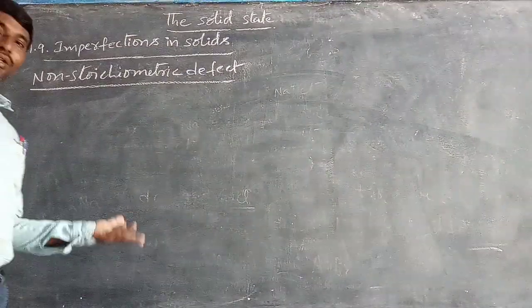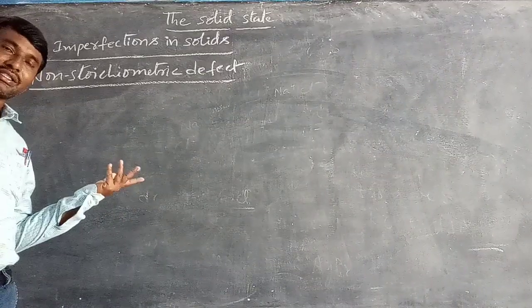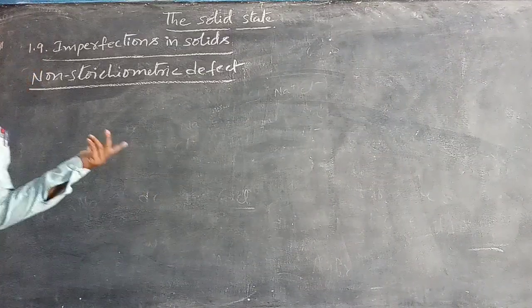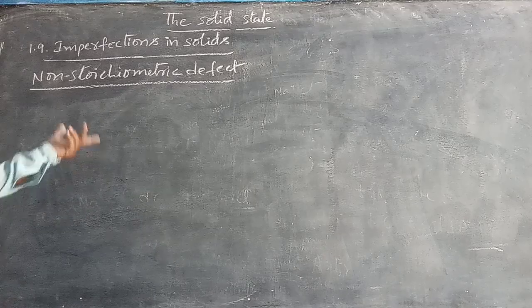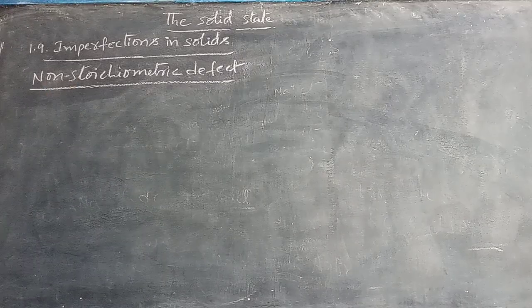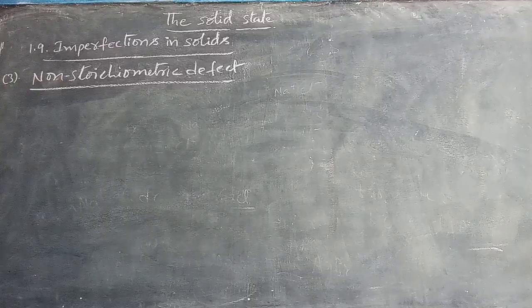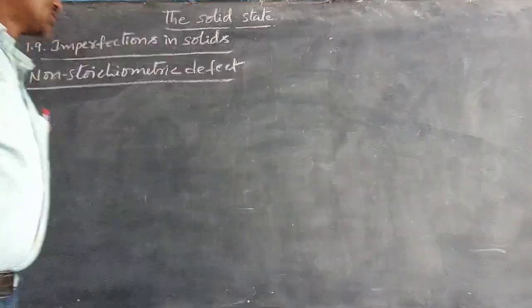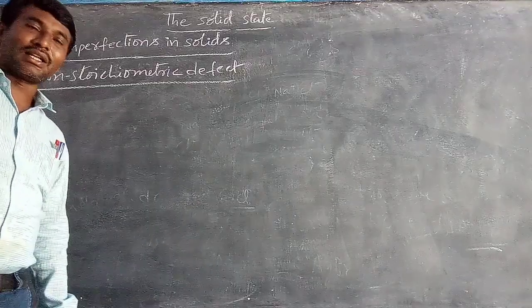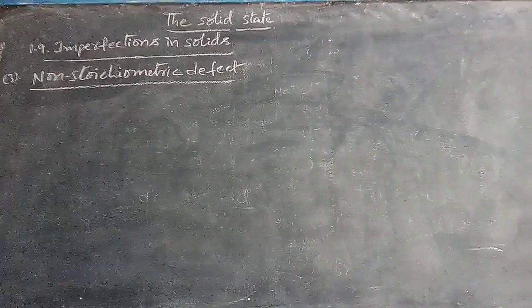We already discussed the stoichiometric defect, then the impurity defect, and the third one is the non-stoichiometric defect. This is also seen in ionic crystals.